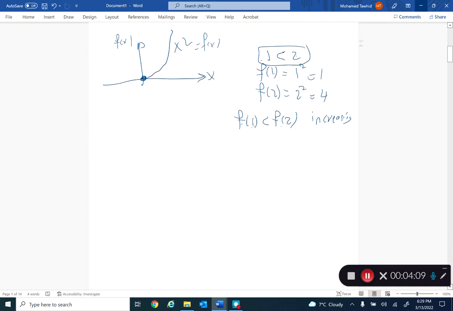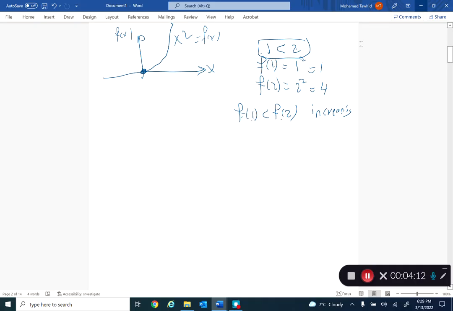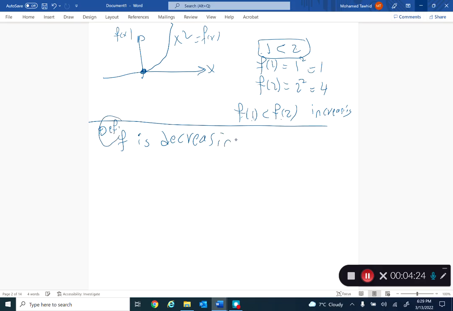Now I have to define when f is decreasing. That's another definition. f is decreasing if you take any two points x1 less than x2, then you get f of x1 greater than f of x2.